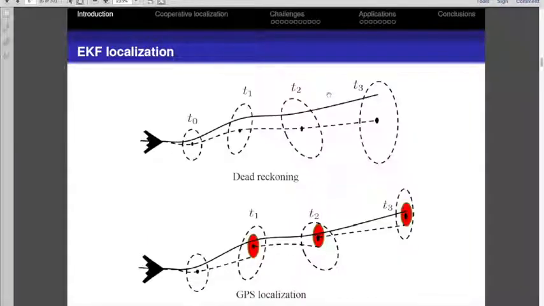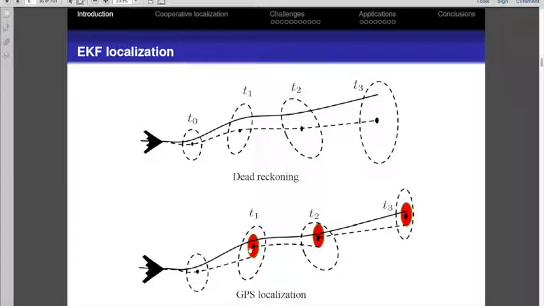So the next slide, I think you can show this slide, that, for example, GPS is a very common sensor. So if you only have an IMU, you will drift. Basically, you're integrating your velocities and trying to estimate the position of the UAV. Okay. On the other hand, when you have a GPS, whenever a GPS reading comes, your uncertainty becomes smaller.